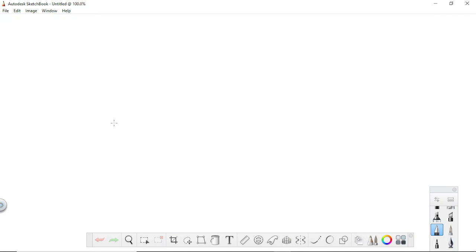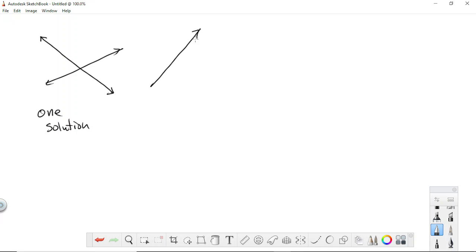So the ones we've looked at, we've had intersecting lines in most of them. And when you end up with lines that intersect, that corresponds to one solution. This is the most common situation. You can also have, as we saw, parallel lines. They do not intersect at all. And that means no solution.